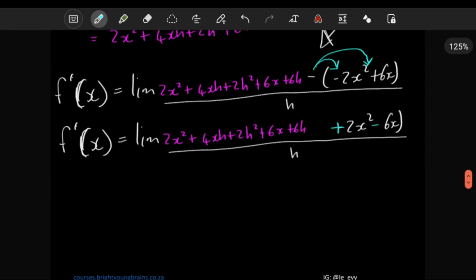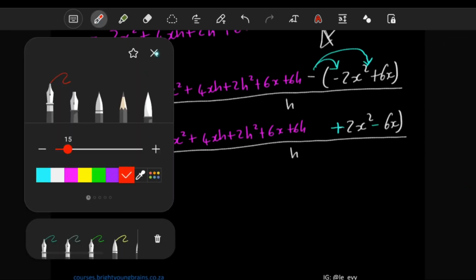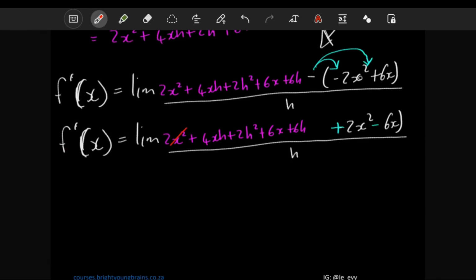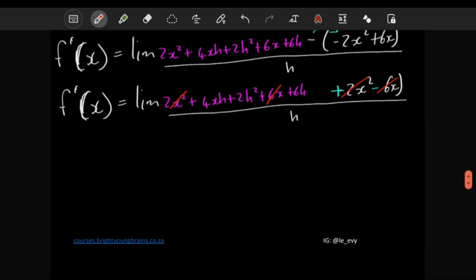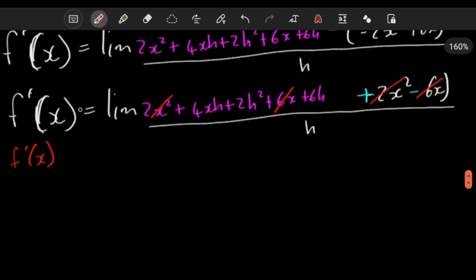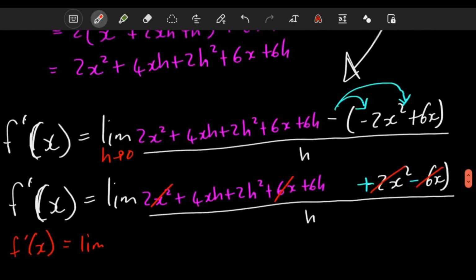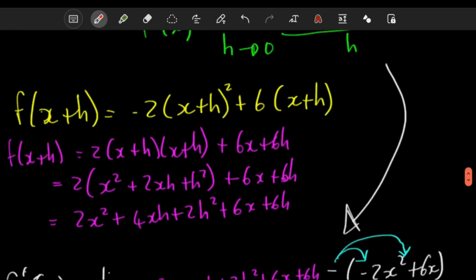That is super duper important, because things always have to cancel out. This cancels that, this cancels that. If you see that stuff is not canceling out, trust me, you have made a mistake. Unfortunately, you will have to check your answers. I forgot the h goes to 0 part here. H goes to 0.